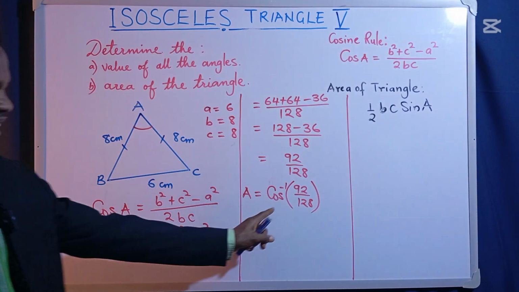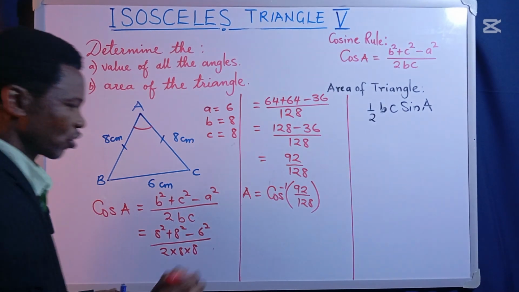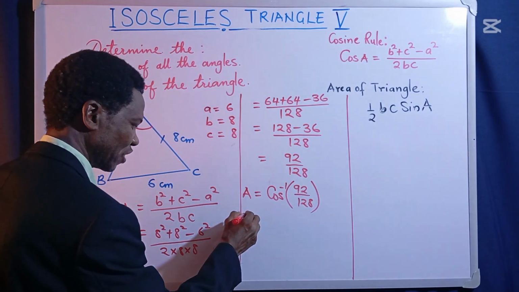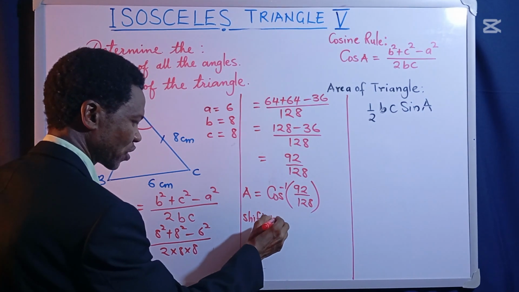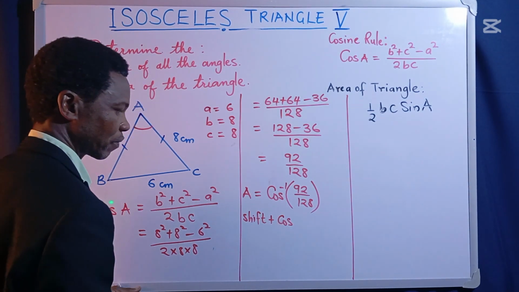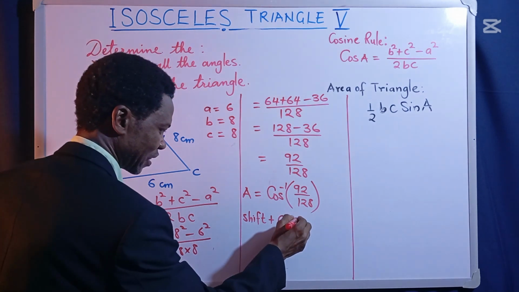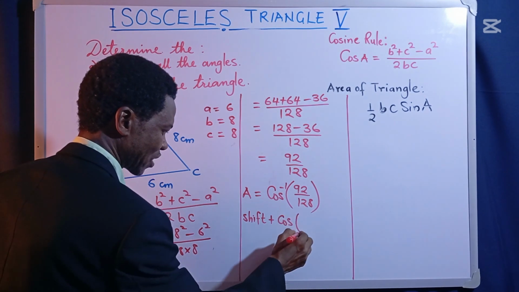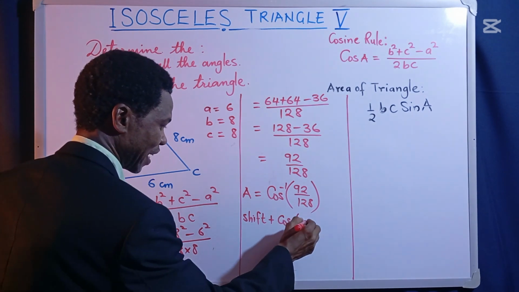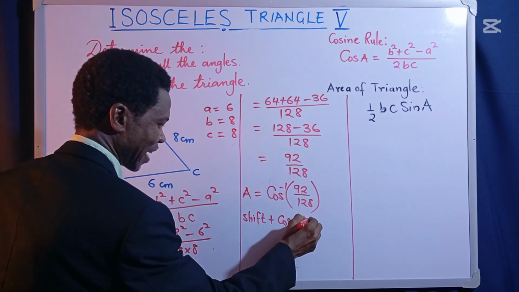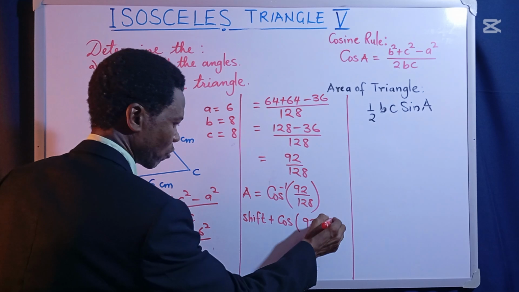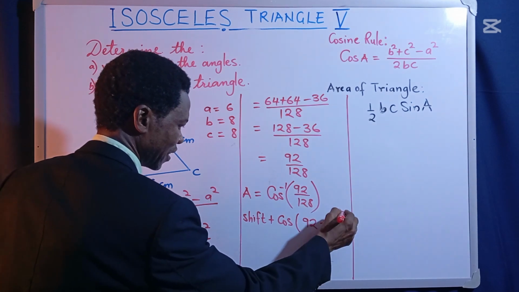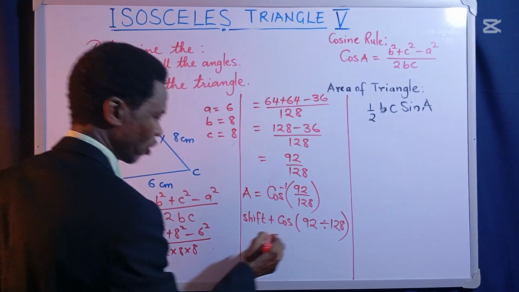Now, how do you press this on your calculator? You press shift, then cos, then open bracket, press 92, divide by 128, close bracket, equals.